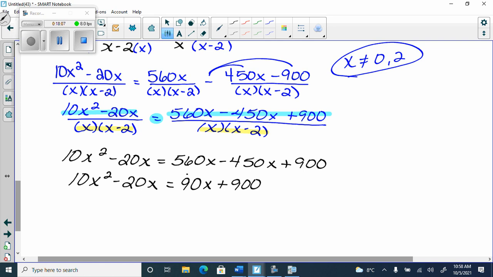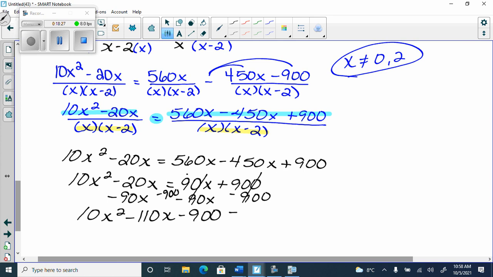And then remember, I have to get it all to one side. So I'm going to subtract 90x, subtract 900. So I get 10x squared minus 110x minus 900 equals 0.